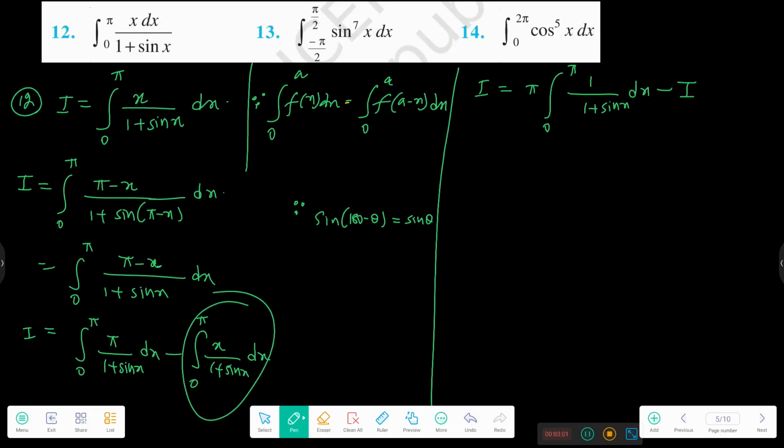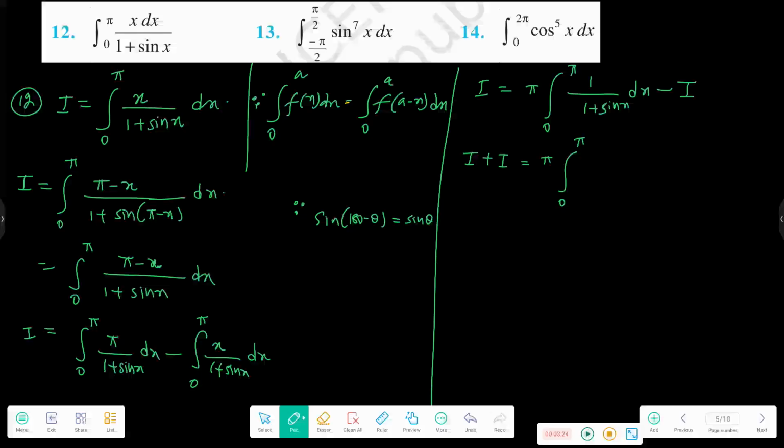The question which I wrote is I. Minus I, when I bring it to the opposite side, becomes plus. So pi times the integral from 0 to pi, 1 plus sin means what? Take the conjugate.